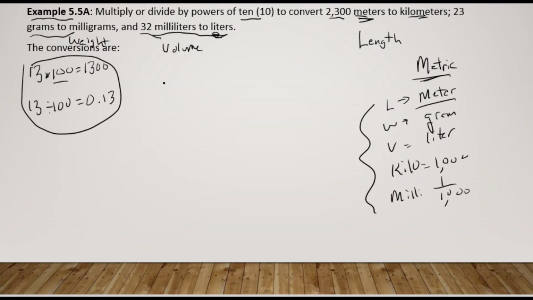So here are my conversions. 1 kilometer is the same as 1,000 meters. 1,000 milliliters is the same as 1 liter.